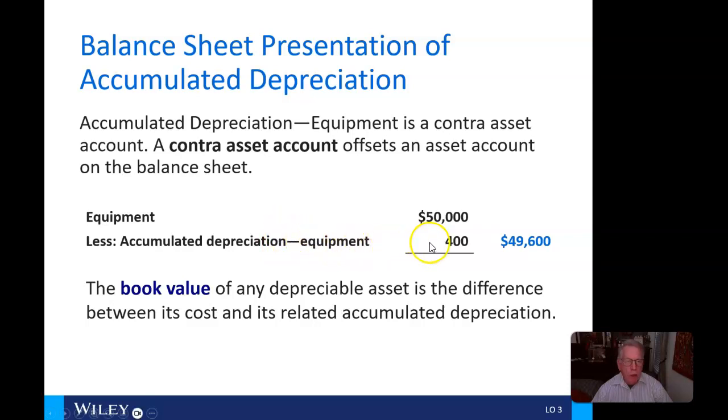In this case, we only have one period of accumulated depreciation. So our net book value is 49,600. I call it net book value. This calls it book value, and you get the idea. It's the difference between accumulated equipment and accumulated depreciation in this case.